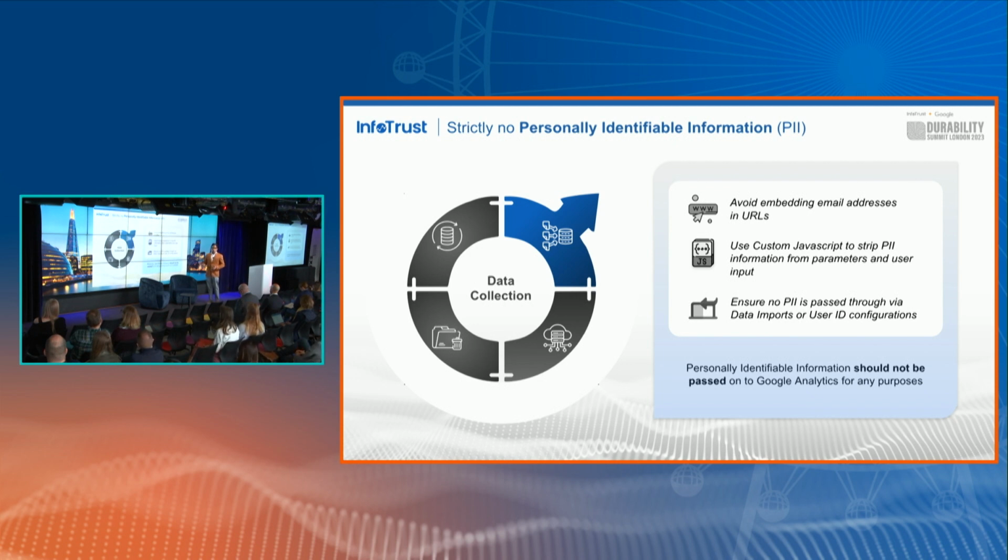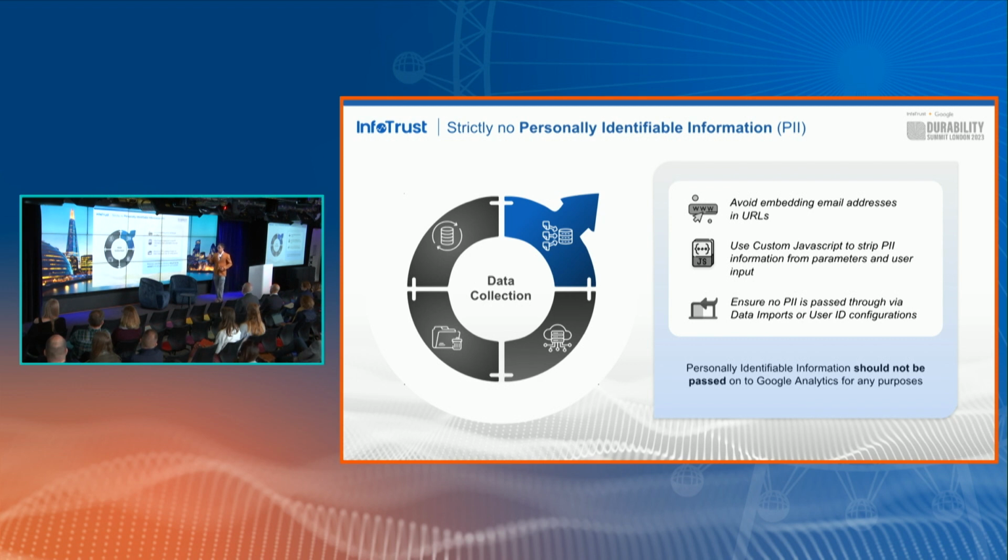Secondly, you could also use custom JavaScript. At InfoTrust, we do have different custom JavaScript serving different purposes, especially also for PII, to make sure that names, email addresses, or other personally identifiable information does not get through into different variables.